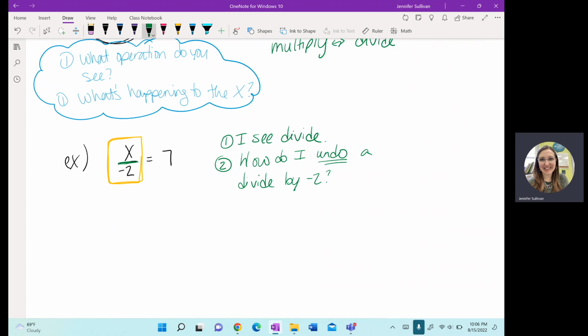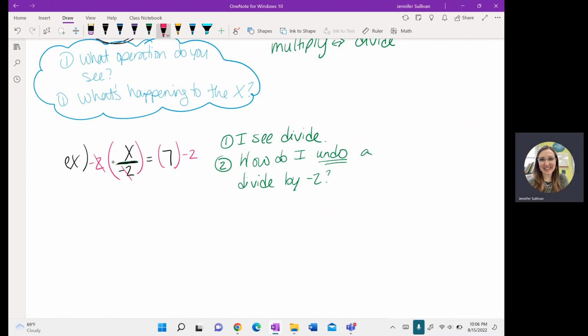Well, what's the opposite of divide? And you're going to tell me multiply. So we're going to multiply by whatever number we're dividing by. So I'm dividing by negative 2. So we multiply by negative 2. And we do it on both sides.